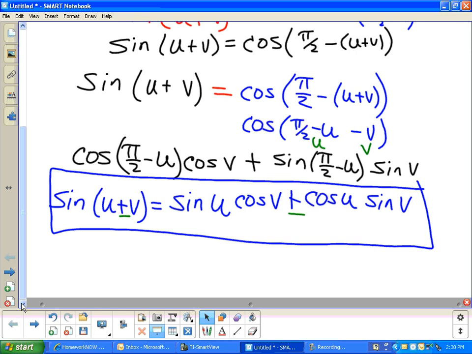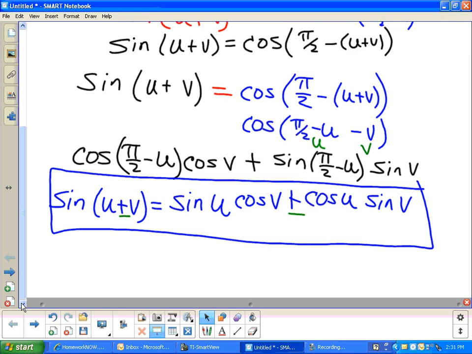That's my u minus v. I mean, I could, and then you'd use the odd even to factor it out. That would be, when I get to minus v, that would be cosine minus v, which is the same as cosine positive v. And this would be sine minus v, which would be the same as minus sine v, and the minus would still come out front. But you could still do that, it's just easier to put the minus sign here.